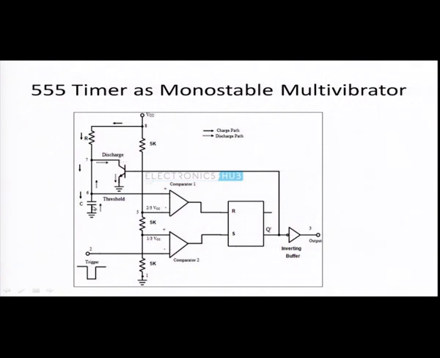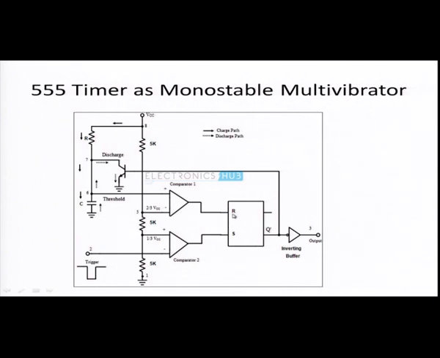So, now the capacitor starts charging towards the supply voltage VCC through the resistor R. When the voltage across the capacitor exceeds 2/3 VCC, which is the threshold voltage given to the upper comparator, or say comparator 1, this comparator resets the flip flop.